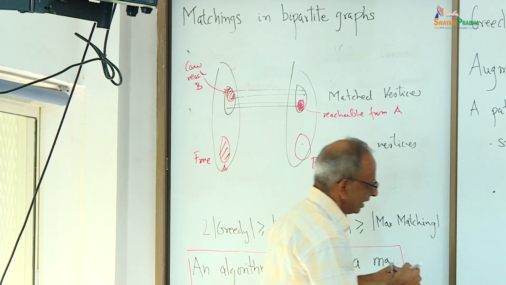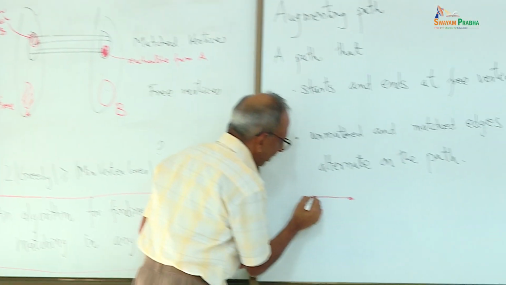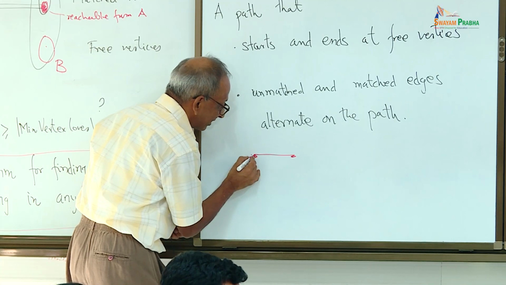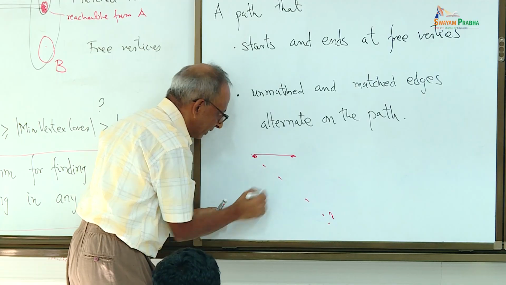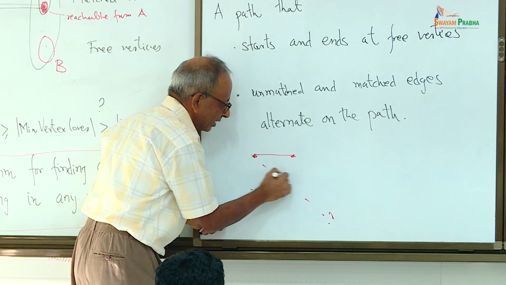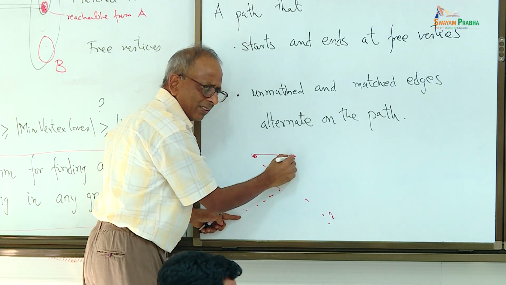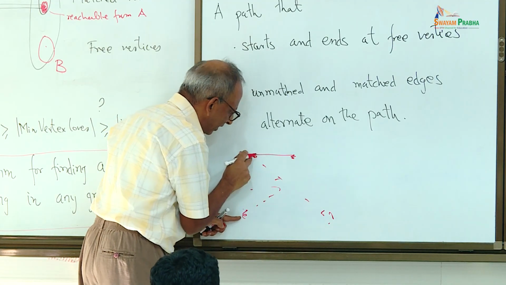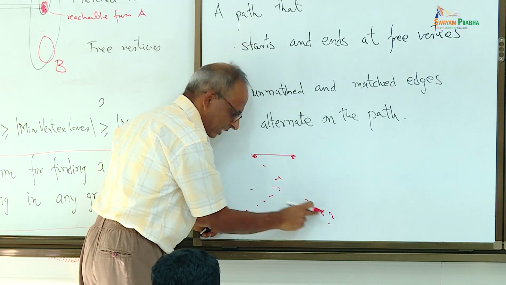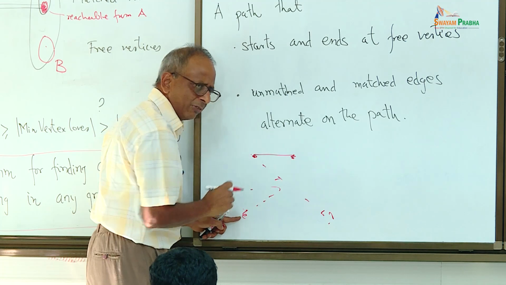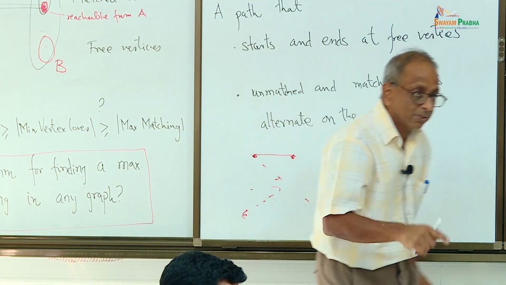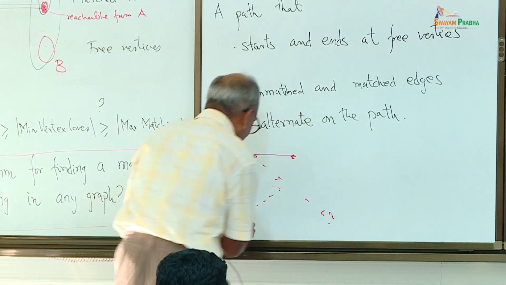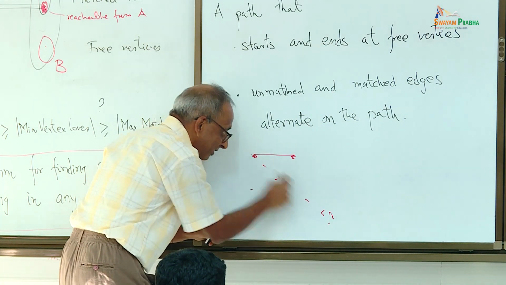Suppose there is an edge where this vertex can reach a free vertex after doing some work, and this vertex can be reached from a free vertex. Then the algorithm would have run once more, because it would have done this and reached here.